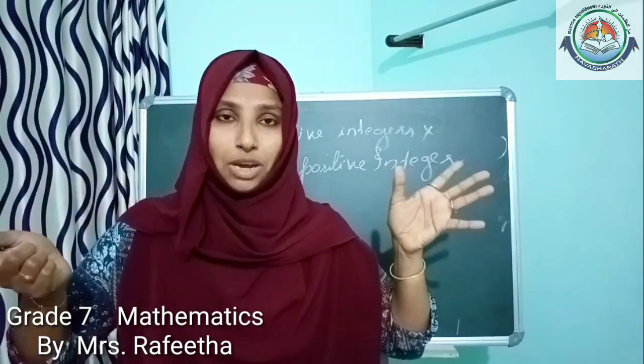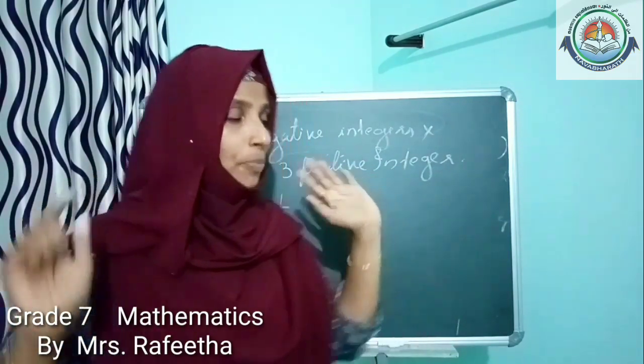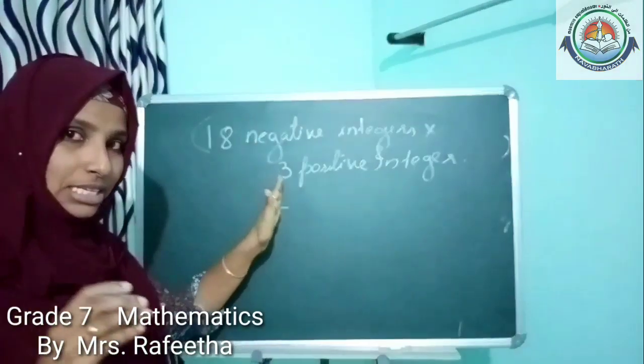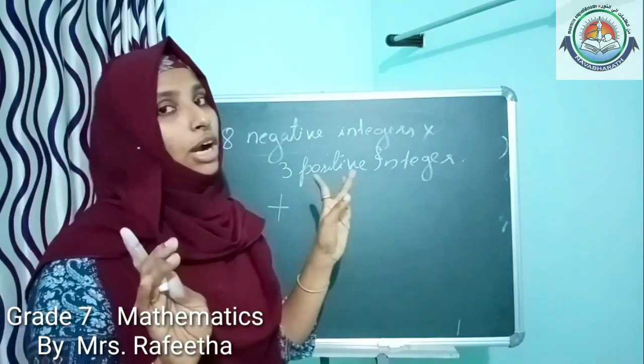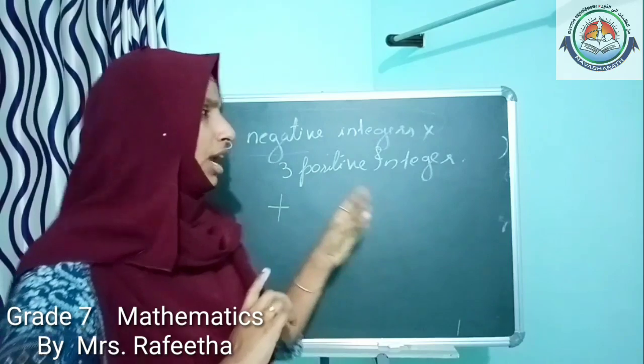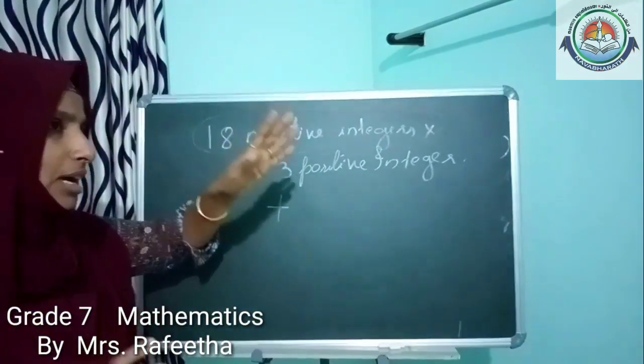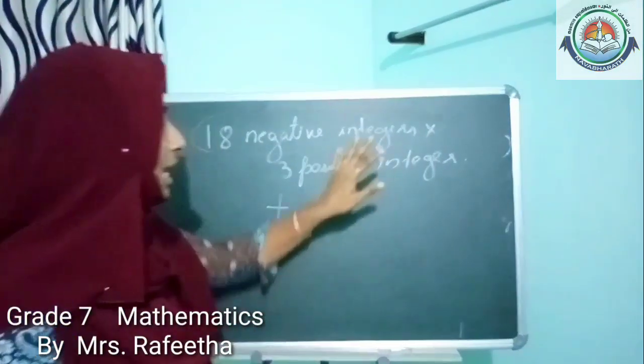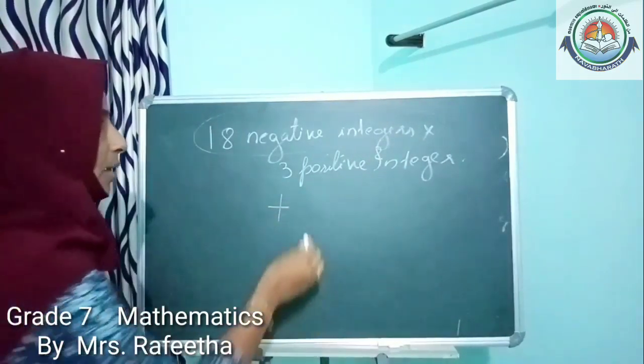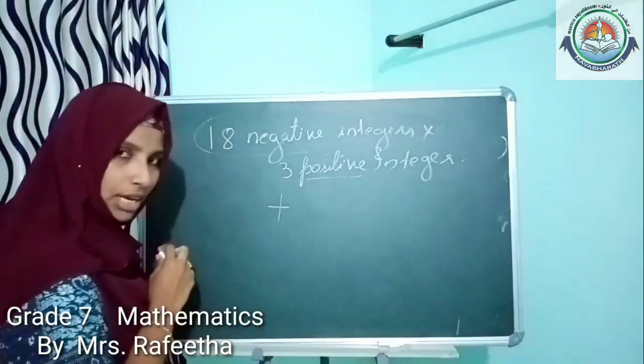Since this 3 is an odd number, we don't need to bother. It may be any bigger or smaller number; the answer will be positive, because this is already positive.